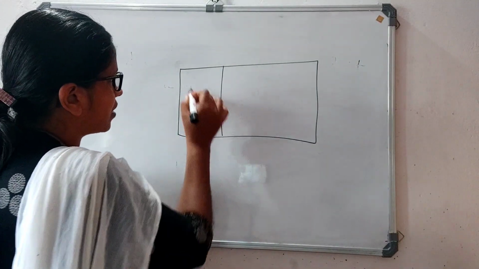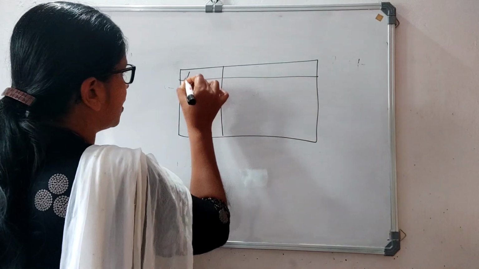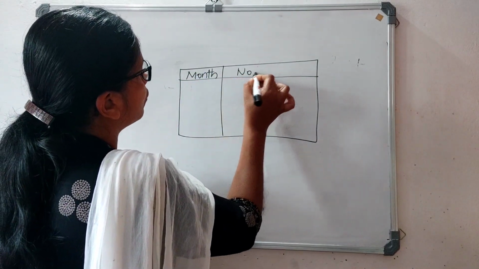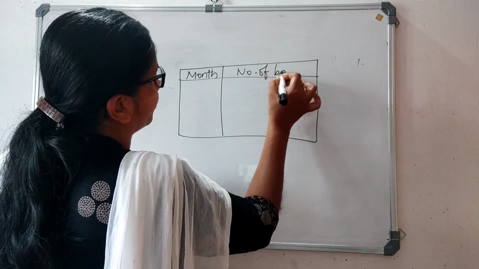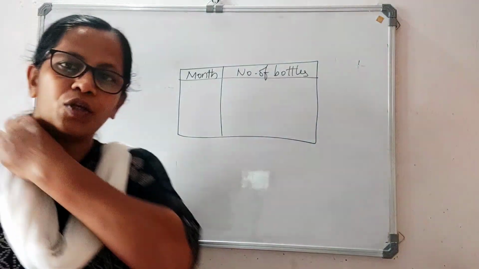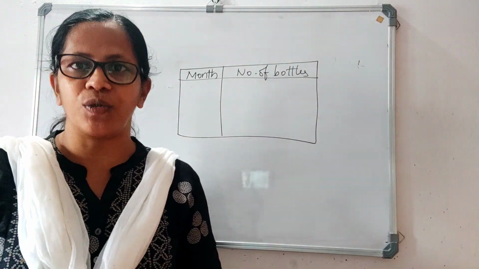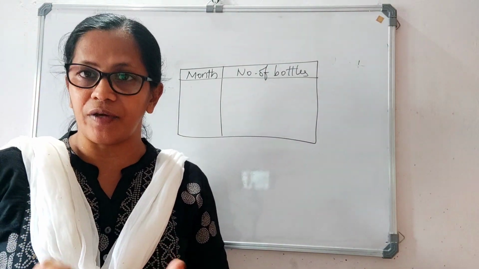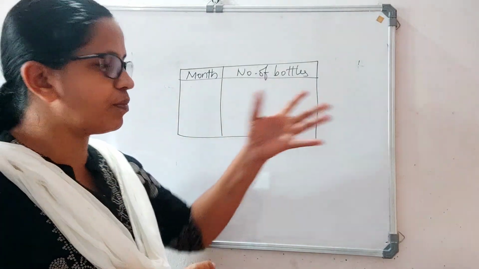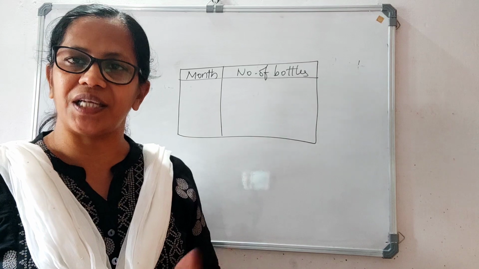Here I am writing what is given, that is month. Here it is number of bottles. We are not writing the numerals 1000, 2000 like that. Instead of that, we are using some pictures. Since it is number of bottles, I am representing it just like a bottle.